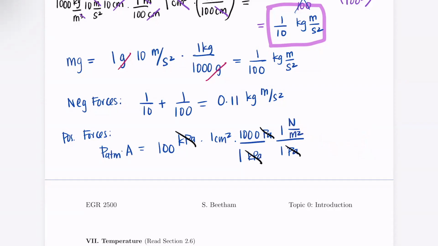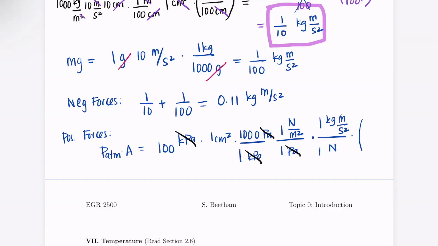Right? And then we have that 1 Newton is 1 kilogram times meter per second squared.